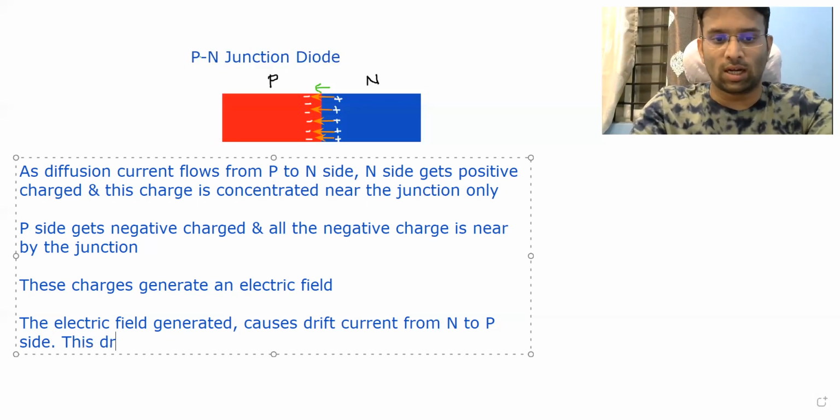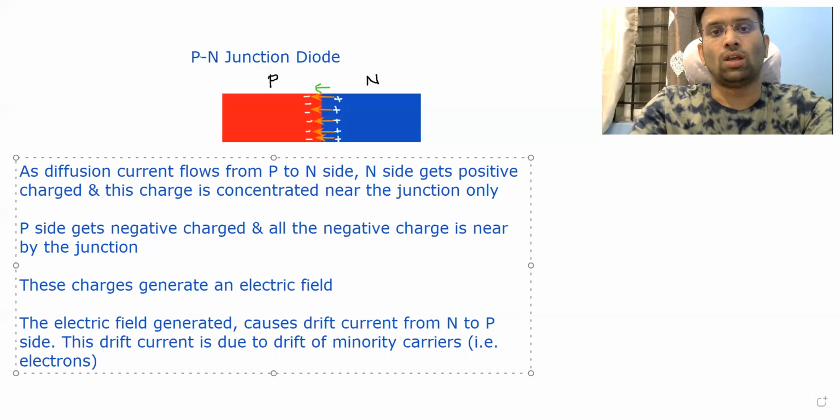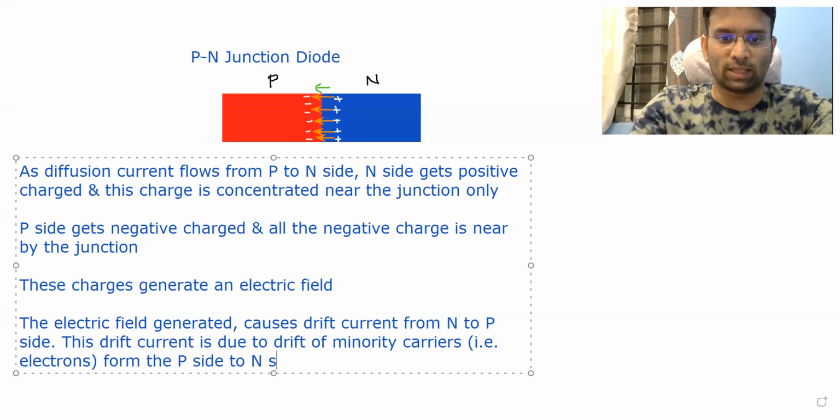This drift current is due to drift of minority carriers, that is electrons, from the P side to N side.